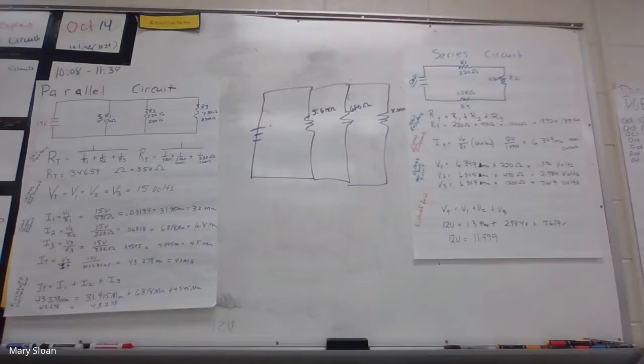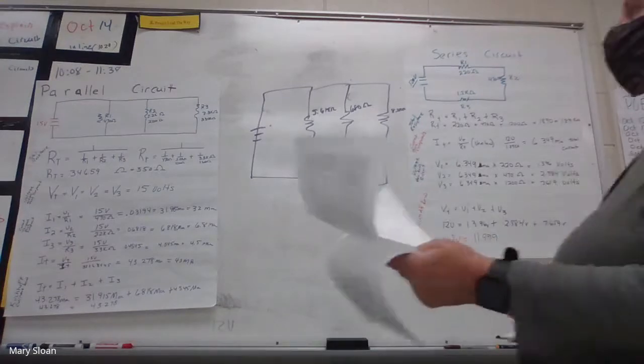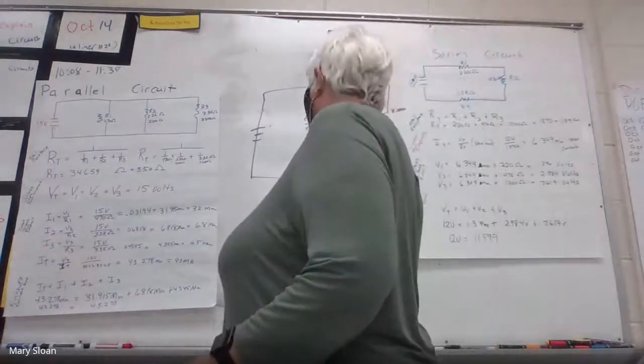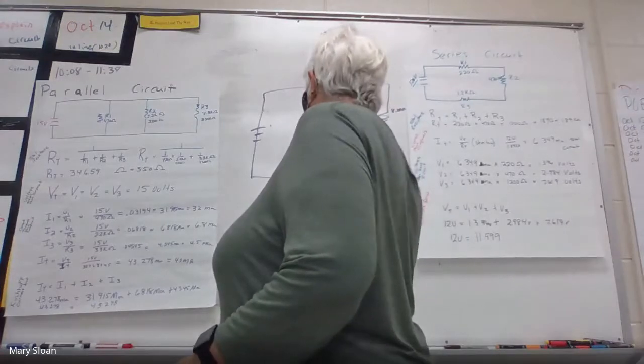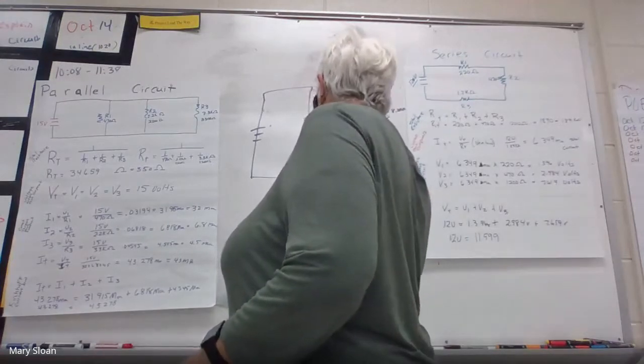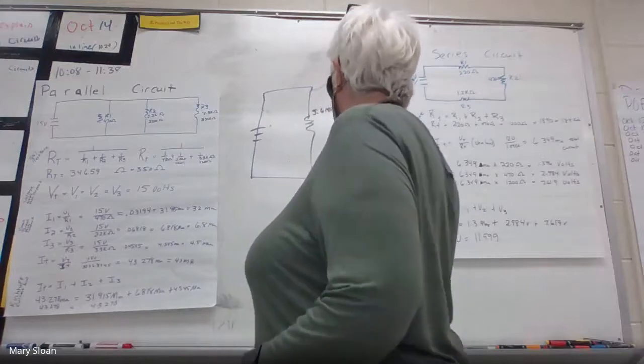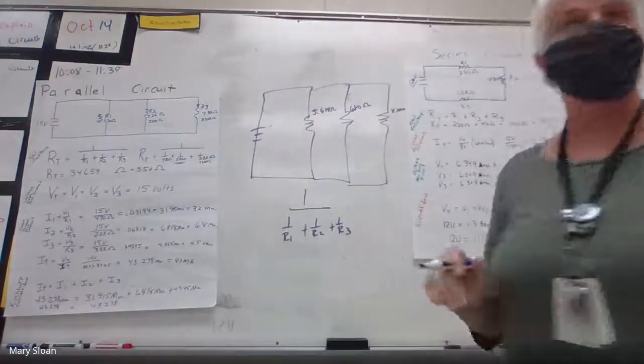Okay? So what we're going to be doing is 1 over R1 plus 1 over R2 plus 1 over R3. So plug your numbers in and give me your answer.